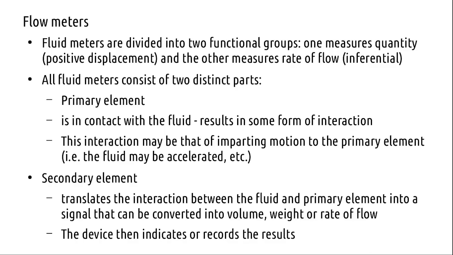This interaction between the fluid and the primary element is conveyed to a secondary element, which will convert it into some measurable value, into a volume, weight, or rate of flow. So these are the 2 distinct parts of any type of flow meter.